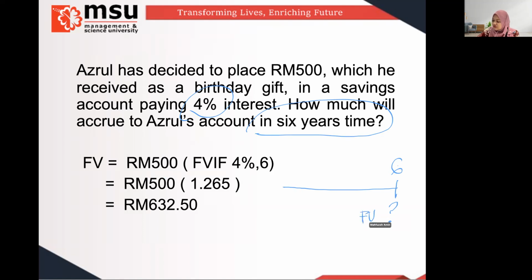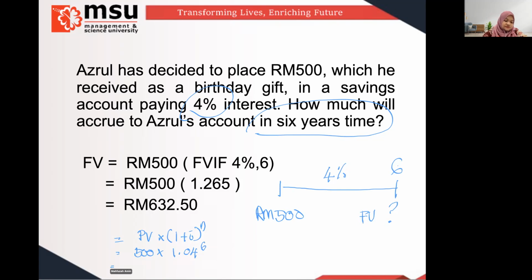to future value. So the information given is that the present value is 500 ringgit and the interest compounded will be 4%. If you want to use formula, it will be present value multiply with 1 plus i to the power of n. So present value is 500 multiply 1.04 to the power of 6.